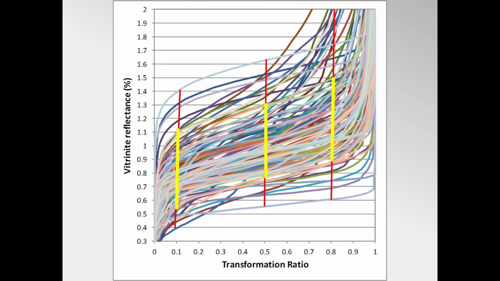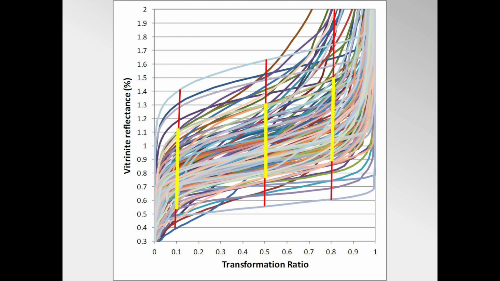If we zoom in on the same plot and superimpose interpretational lines, the red lines show the entire range of values at the beginning, peak, and end of oil generation, whereas the yellow lines represent the great majority of the kerogens. The total range of variation at each threshold is huge on the red lines, approximately 1% Ro difference between the fastest and the slowest kerogen.